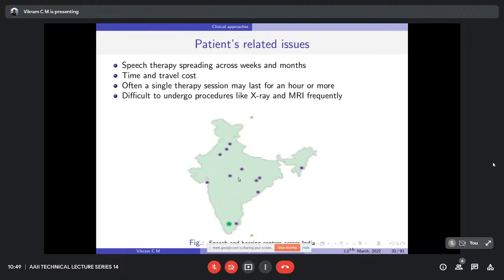So due to this, the person suffers time and travel cost. If a person has a speech sound disorder, it takes a lot of time to go to the particular clinic and get evaluated. So these are the different conventional difficulties in the evaluation of speech sound disorder.